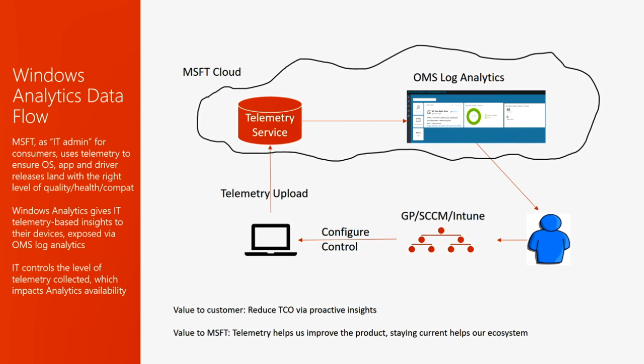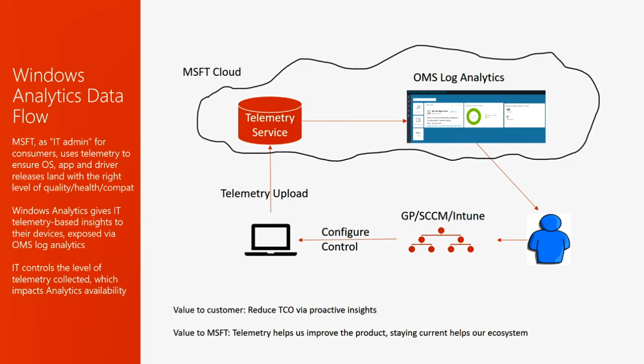One of the first steps we've taken is we've integrated Upgrade Readiness insights with Config Manager. So Upgrade Readiness can tell you which machines are actually ready to upgrade from a compatibility perspective. And once you get a list of machines that are ready to upgrade, you can actually get the same data into your SCCM console, and from there you can configure a collection and then start your deployment task sequence.